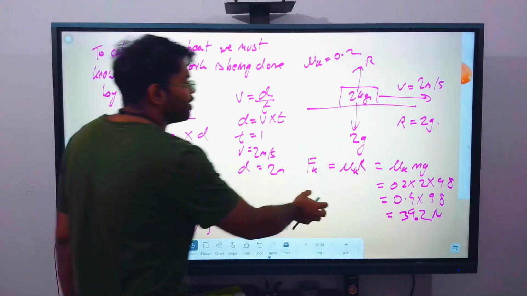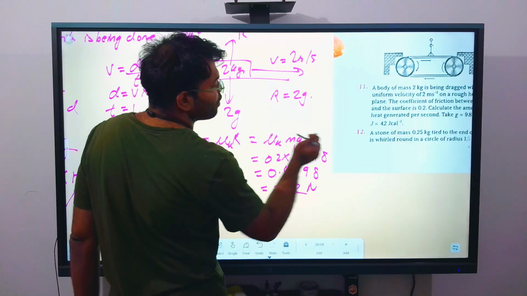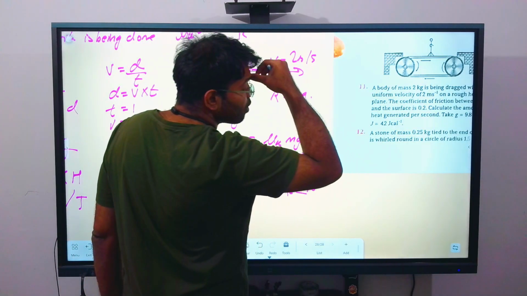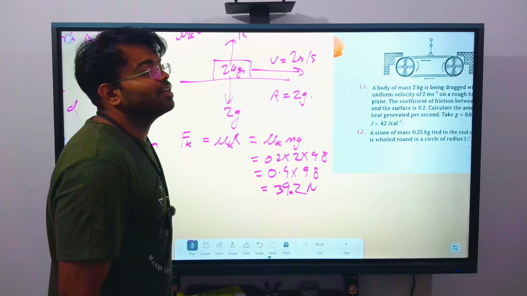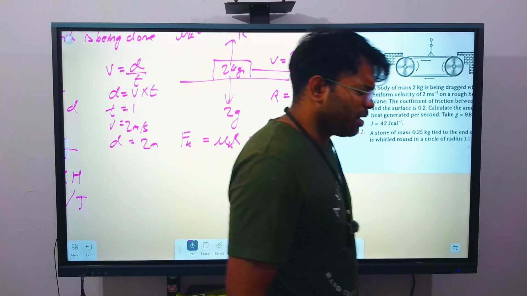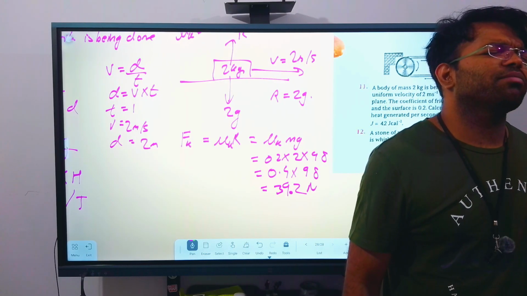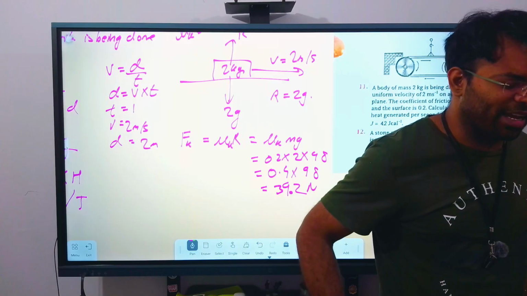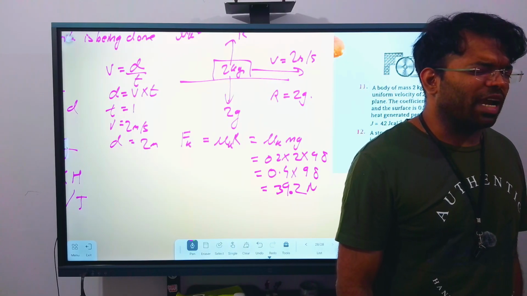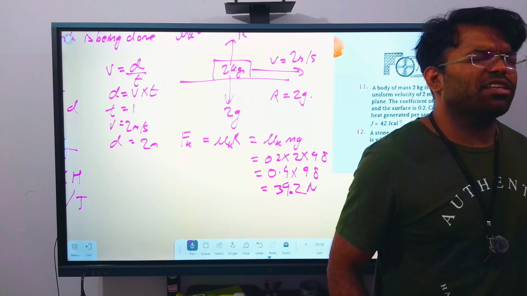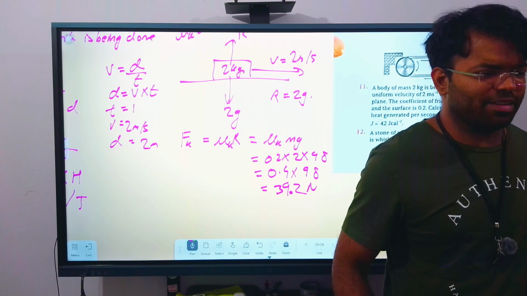And they have given us the value of J. I think it is the coefficient of something, I don't remember it exactly.